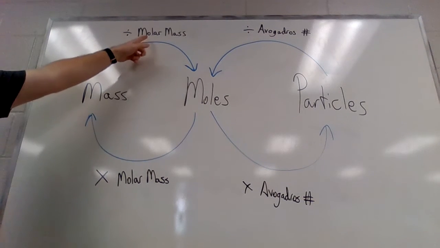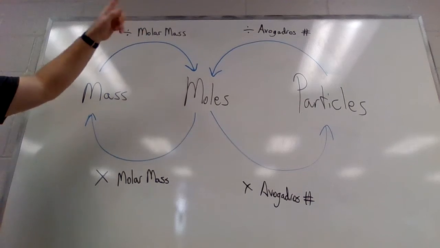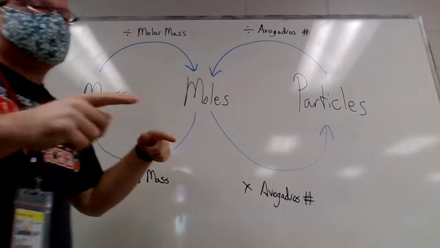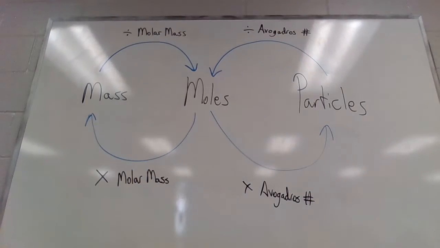And where do I get the molar mass from? Periodic table. That's what we were looking at yesterday when we saw that all of the bags matched up with the number that was at the bottom of the box on the periodic table. So when I looked up hydrogen, it was 1.008. When I looked up oxygen, it was 15.999. That's the molar mass. And what that tells you is it's the weight in grams of 1 mole of whatever substance you're looking up, whatever element you're looking up.